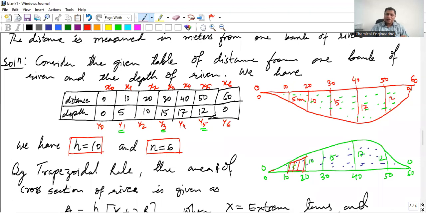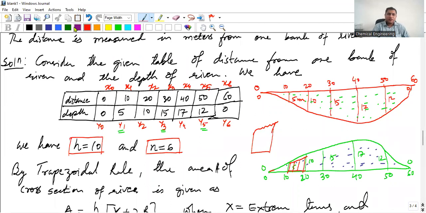Okay, so here, if this is the area that I want to evaluate, this curve will draw. This is not the smooth curve. So this curve is actually like this.